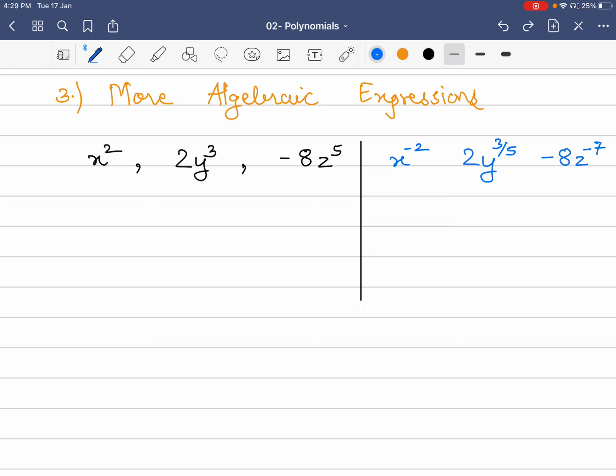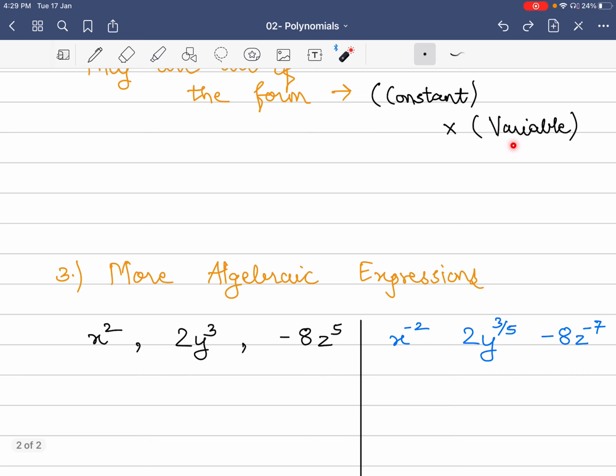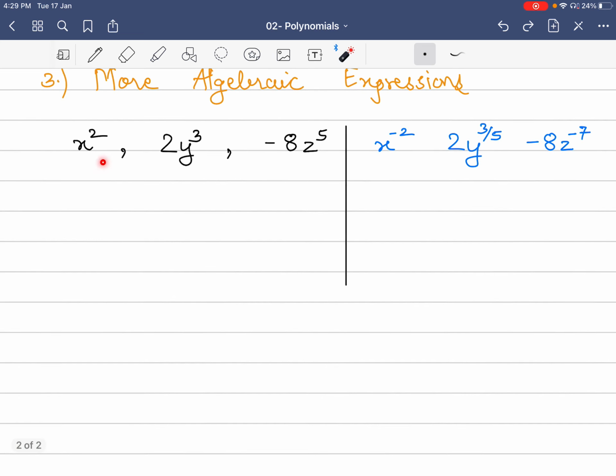Now you can clearly see the difference between these three algebraic expressions and these three algebraic expressions. First of all, let us be sure that these are indeed algebraic expressions. So what was our definition of an algebraic expression? Constant into variable. So if you look at all the 6 algebraic expressions, they have a constant, they have a variable.